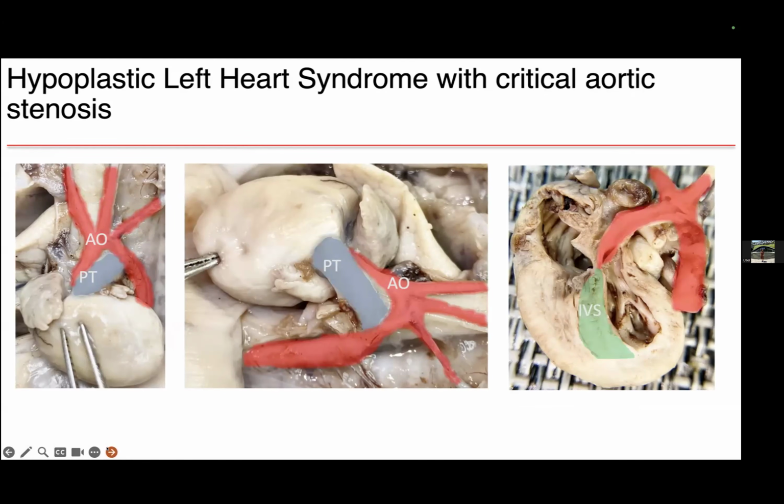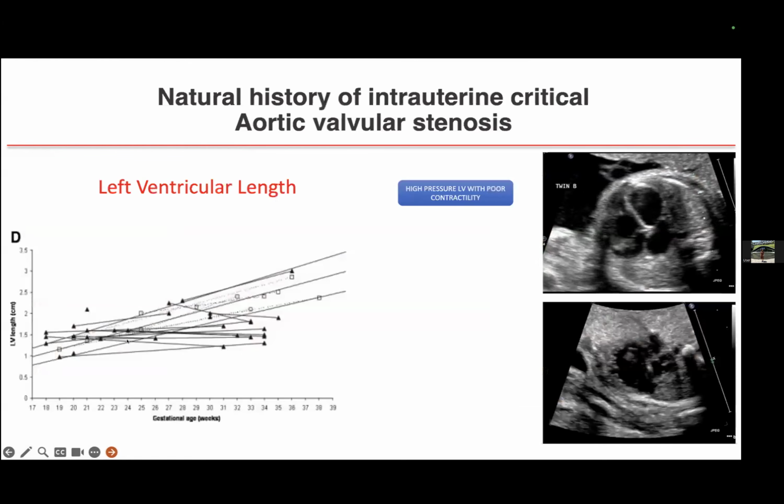So it is not unusual to see fetal aortic stenosis, especially in early trimester, developing into hypoplastic left heart. What has been shown is that the growth of the left ventricle should happen longitudinally as the gestational age advances.